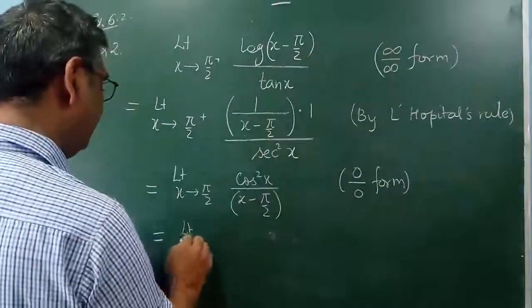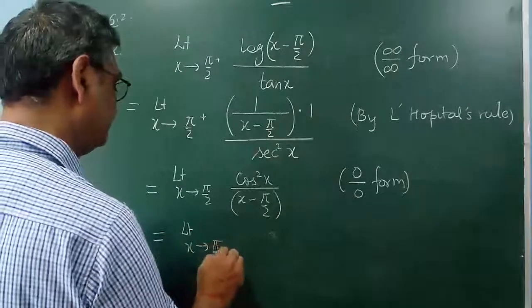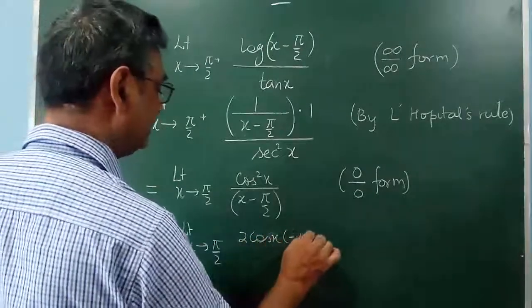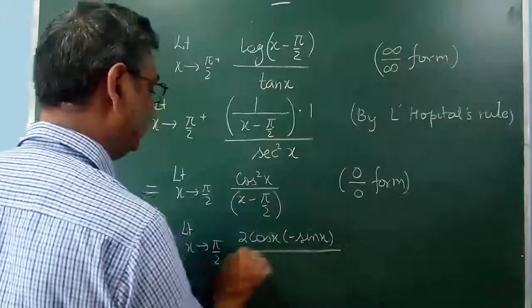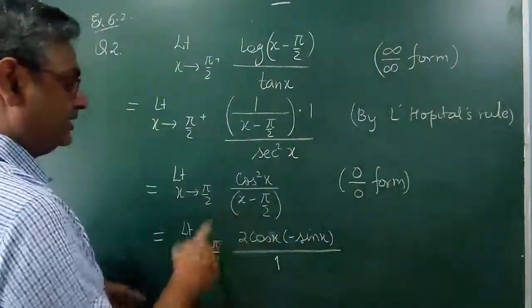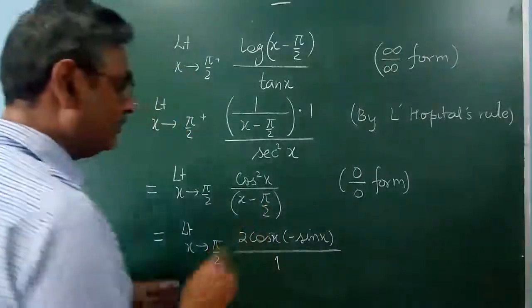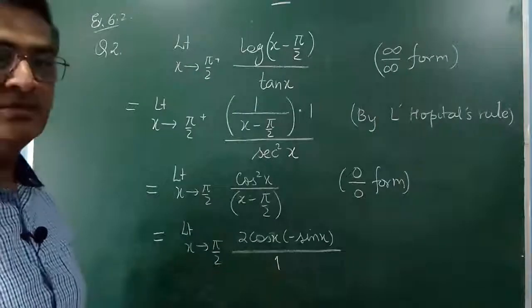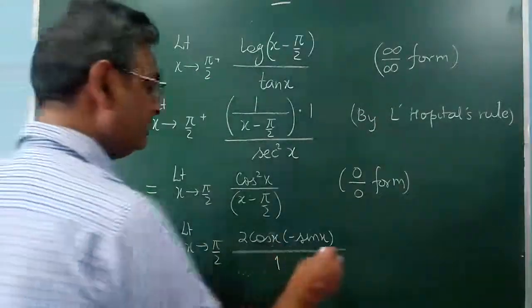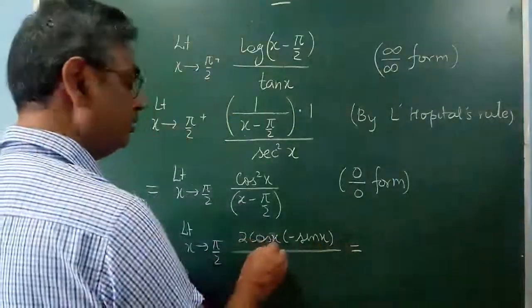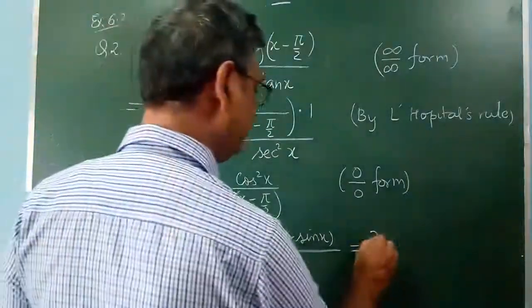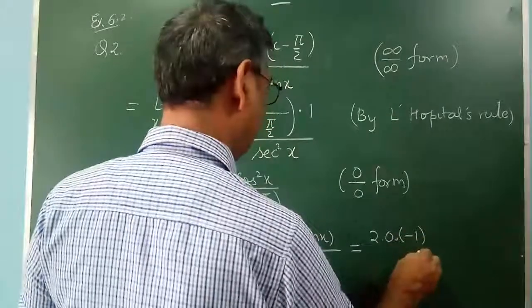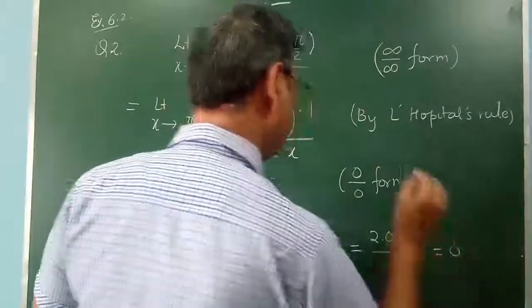So here limit x tending to pi by 2, this is 2 cos x into minus sin x upon 1. Differentiation of x is 1. So now we have got the denominator without 0. So we can just put the limit here. So this is 2 into cos pi by 2. Cos pi by 2 is 0. So here into minus 1 by 1. So here answer will be 0.